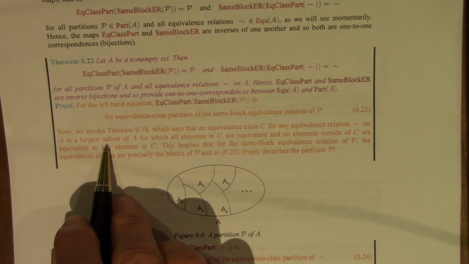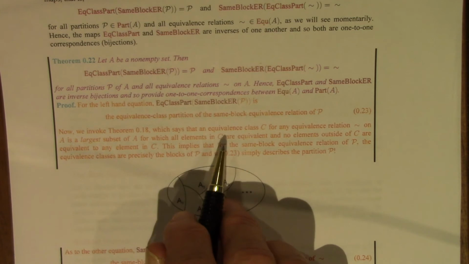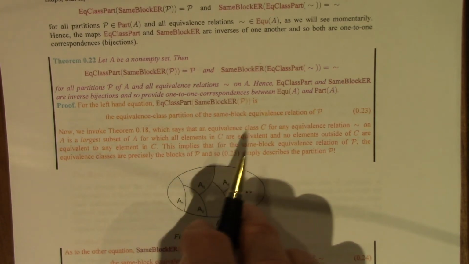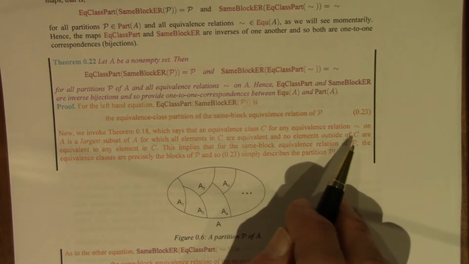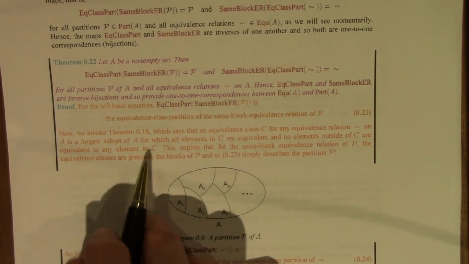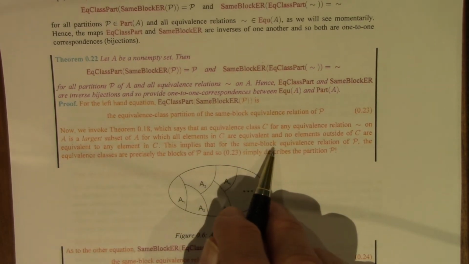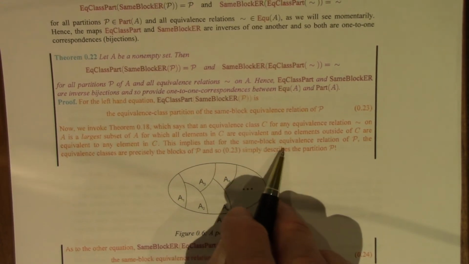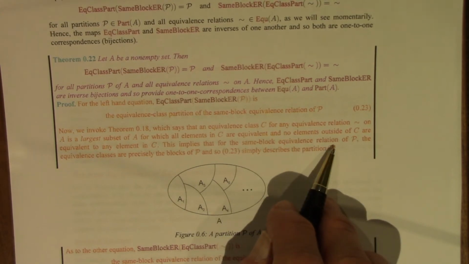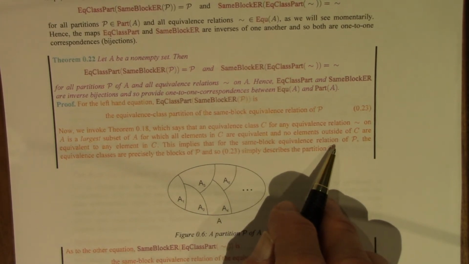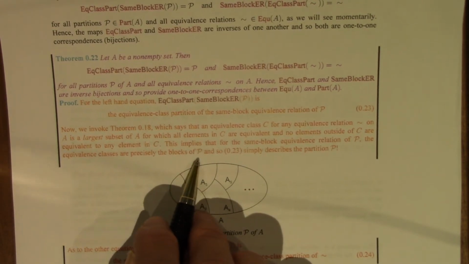So in this case, these equivalence classes are the largest subsets for which all elements are equivalent. No element outside of an equivalence class C is equivalent to any element inside C. And that implies that the collection of equivalence classes is precisely the blocks of P.